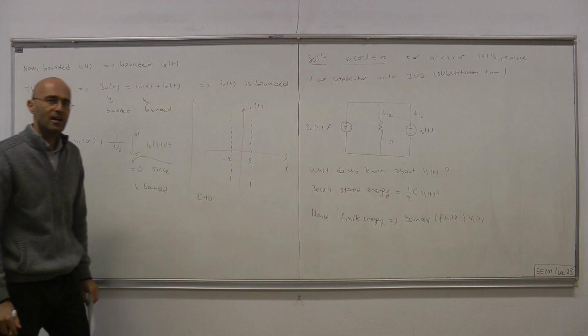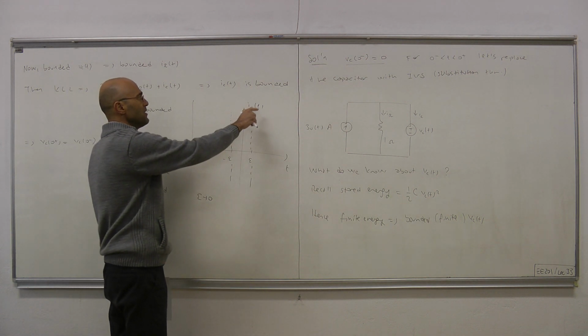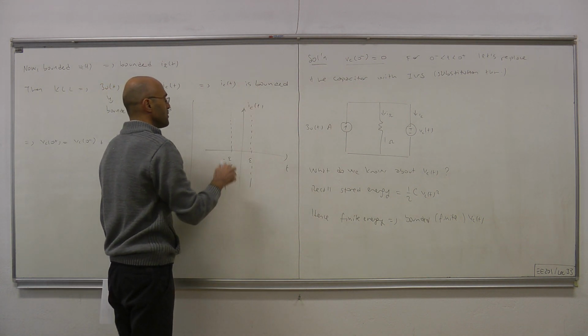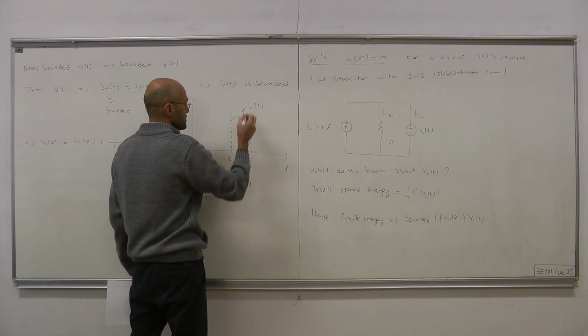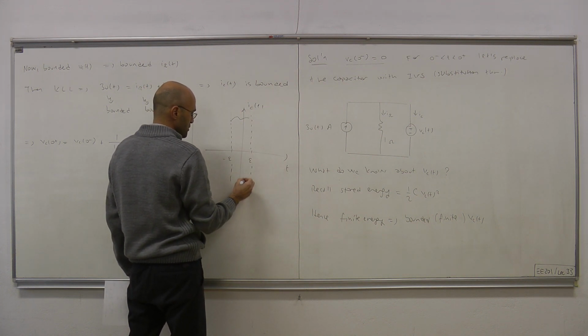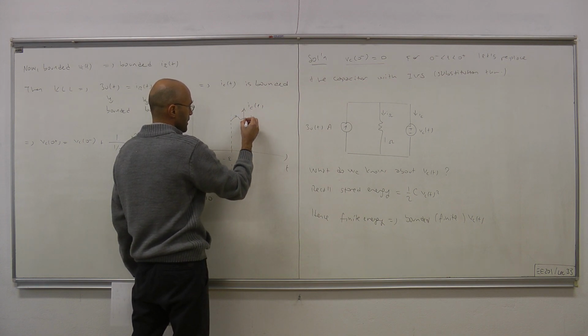Now you don't care exactly what it does as long as you know that it's bounded, because it can do something quite funny, or maybe it may have some discontinuities.